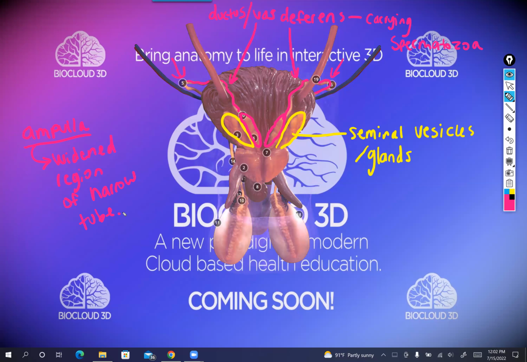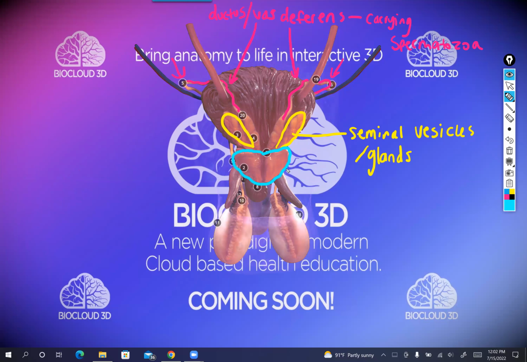Perfect. Okay, so that's what the ampulla is. I'm just pointing it out because it's very obvious on this illustration. That's not actually a thing that's on my students' lab lists, but I like to point out some of the stuff that's not, because I don't want students mistaking those items that are not on the list for items that are. All right, inferior to that is the prostate gland, which is here.